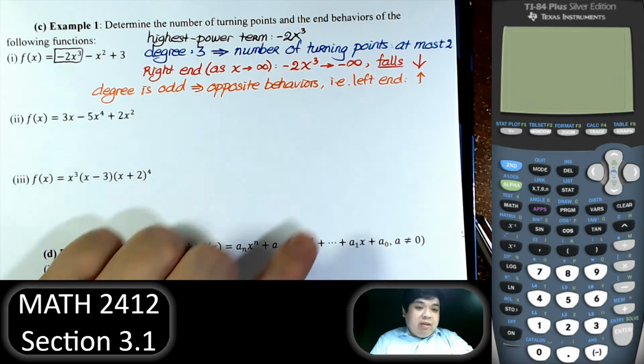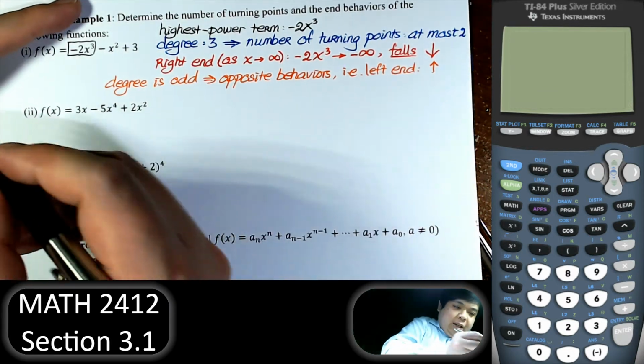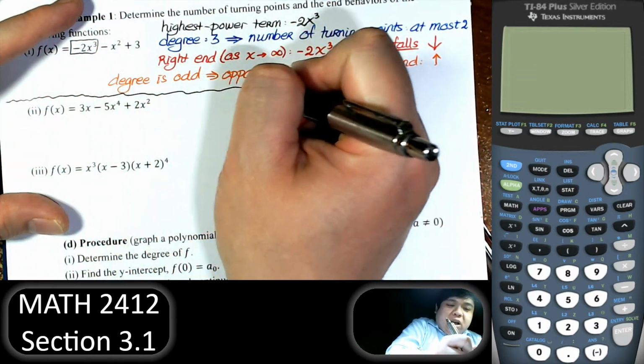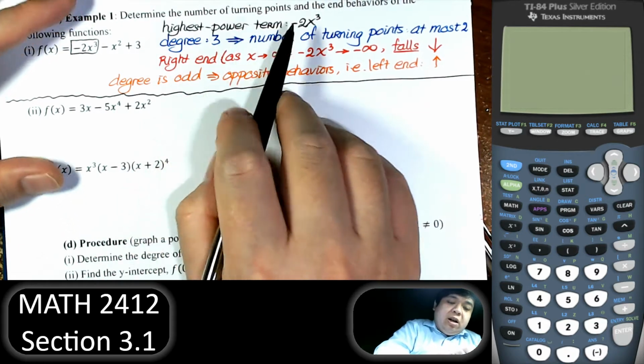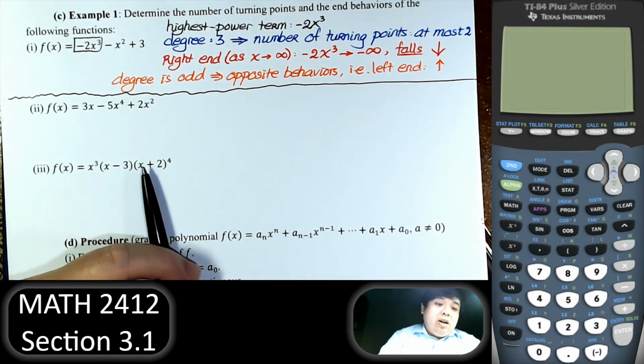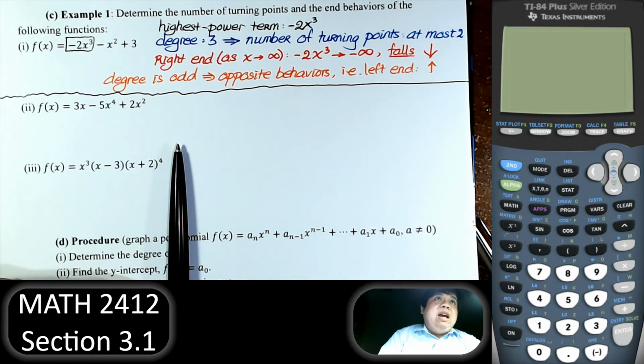So we have the end behavior: the right end go down, the left end go up. So we don't have to memorize anything. We just look at the highest degree term, highest power term, and then we can determine the number of turning points and the end behavior.